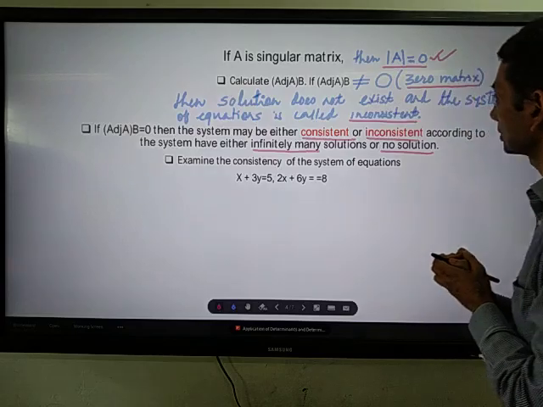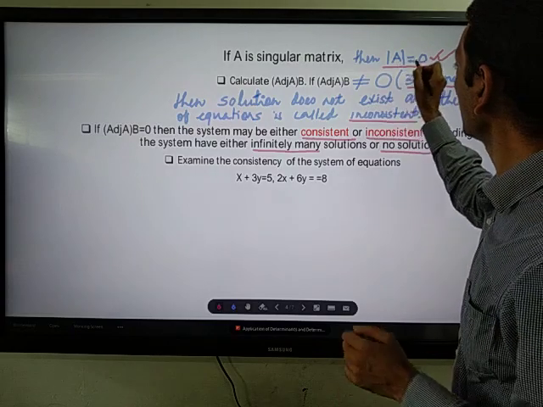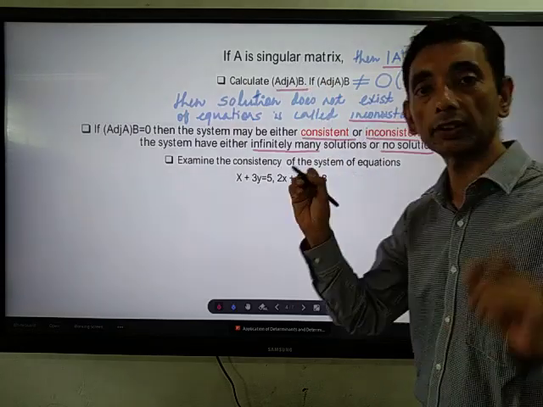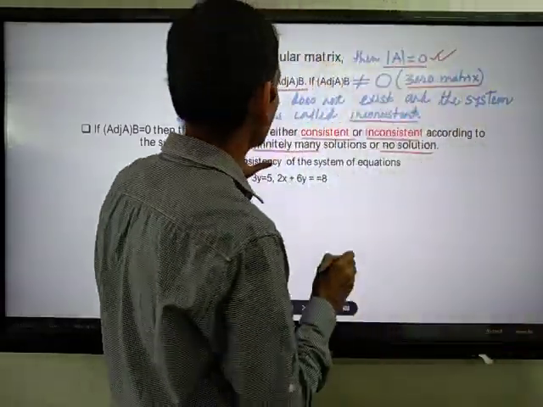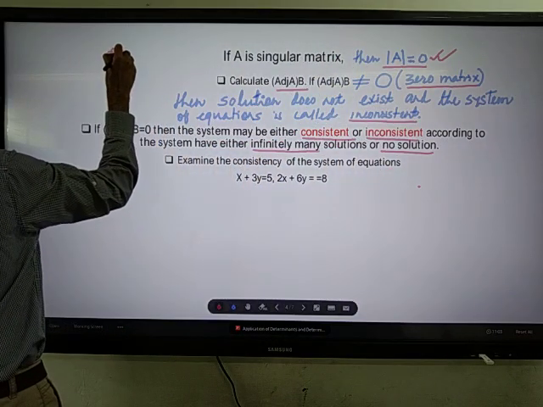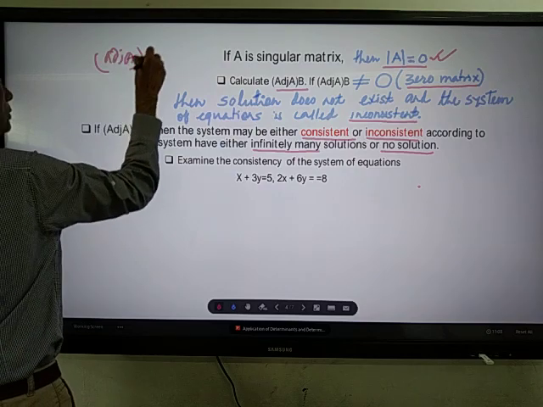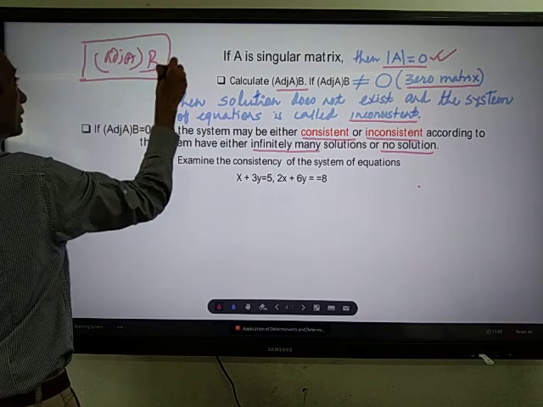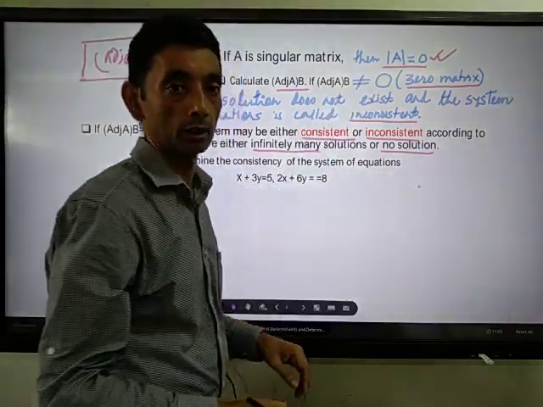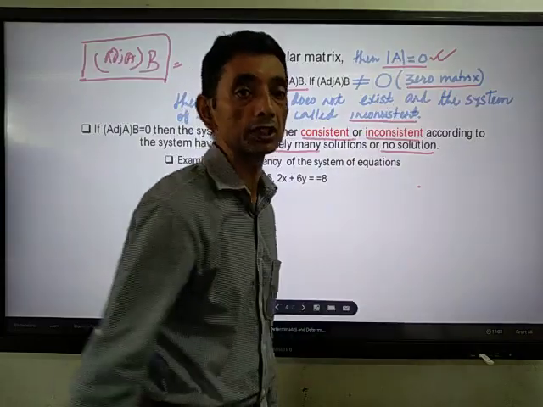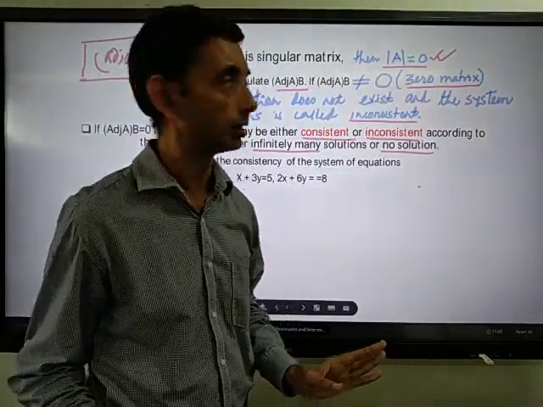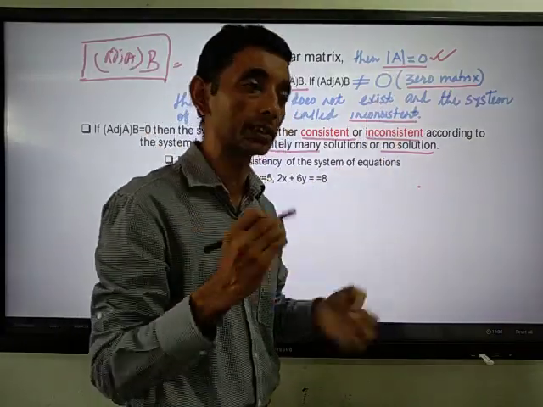If determinant A is equal to 0, then we need to calculate adjoint of A into B. Remember this, we need to calculate adjoint of A into B. In case adjoint of A into B is not equal to the 0 matrix, that is, you multiply but you do not get a 0 matrix, what is a 0 matrix?